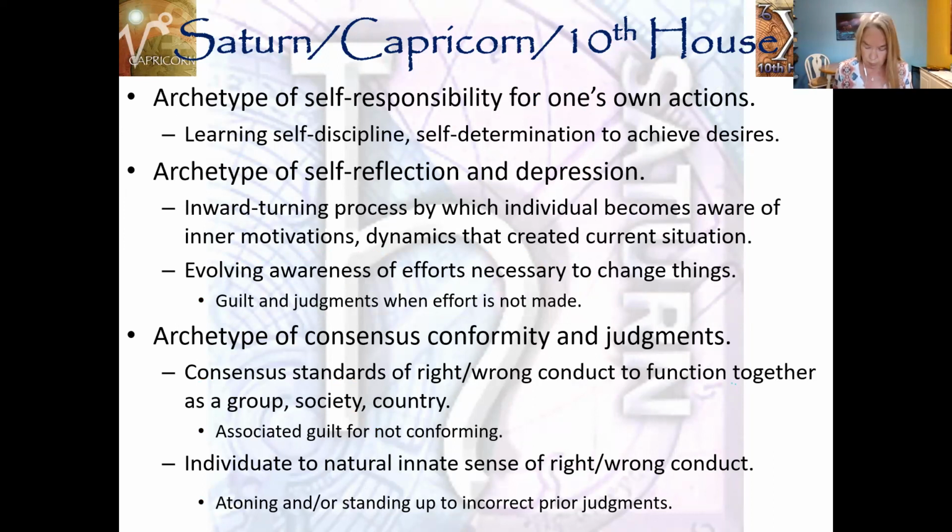This is an archetype where we also have to learn self-responsibility for our own actions. In other words, we cannot play the victim. This is where we learn self-discipline and self-determination to achieve our own desires.